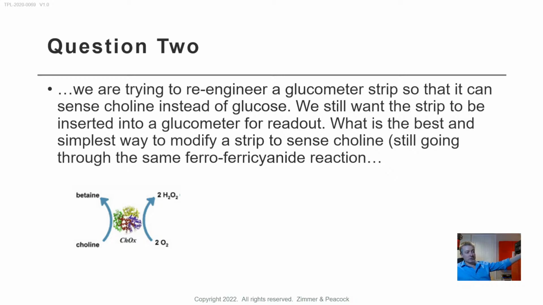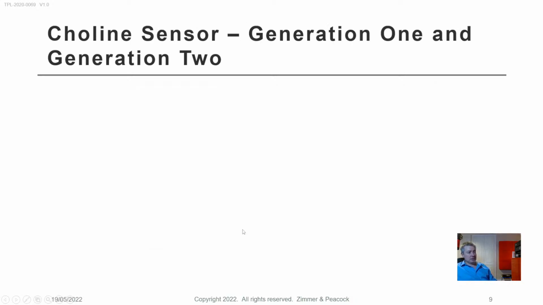Some of the lockdowns in China are causing supply chain issues, not only in the electronics industry but also in the biotechnology industry. So I hope the choline oxidase is available. If it's coming in from China, you might have to expect some delays, and there's not much you can do about it at the moment.